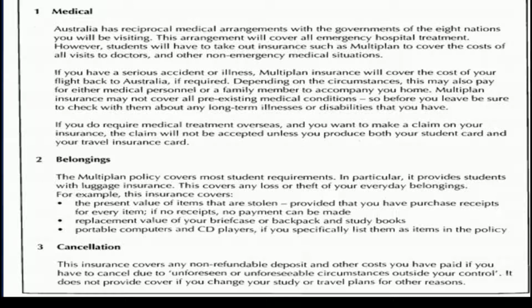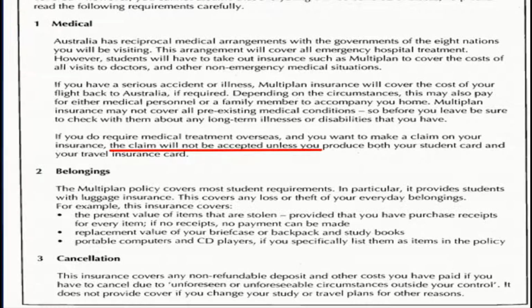The last clause there says the claim will not be accepted unless you produce both your student's card and your travel insurance card. So definitely, if a student has lost his or her travel insurance card, it will not be covered by multi-plan. So that's option C.